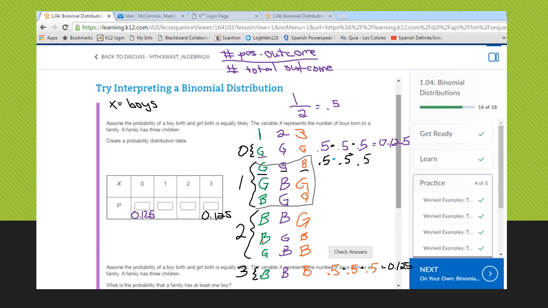So we're going to multiply these together, and no surprise, we're going to get 0.125. And if we were to do the calculation for the next step down, we would also get 0.125. And if we did it for the third one, we're also going to get 0.125.